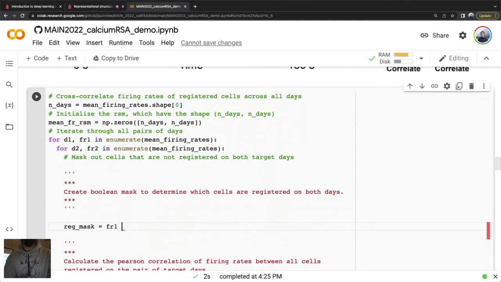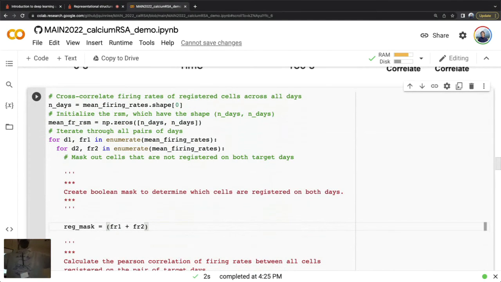So a nice but not necessarily appropriate thing to do in this case could be if we just take all the firing rates, these average firing rates, and we add them together. If you add a NaN with an actual number, a real number, it's going to be a NaN.